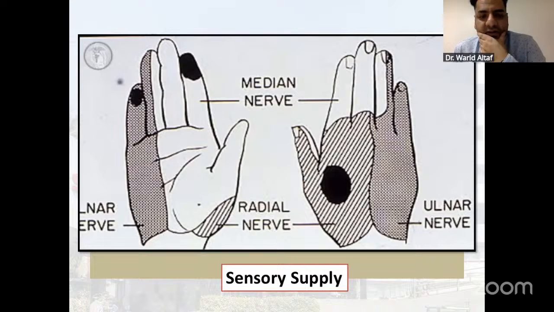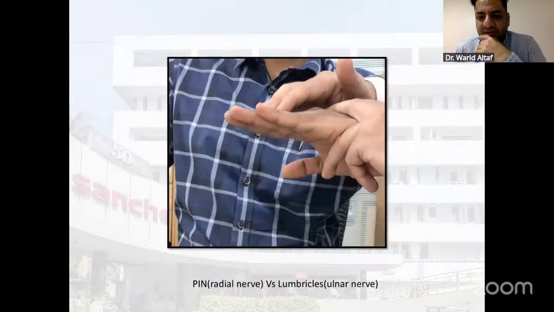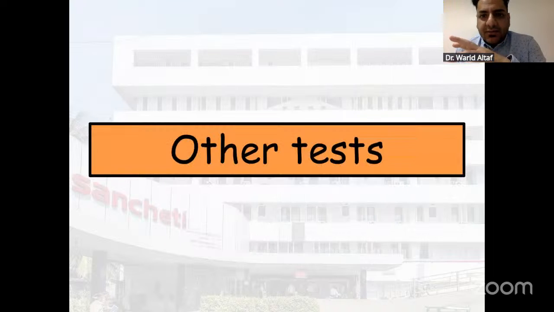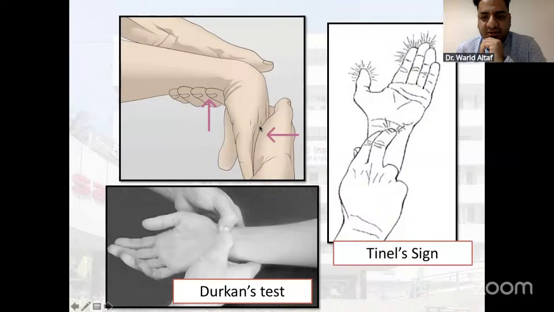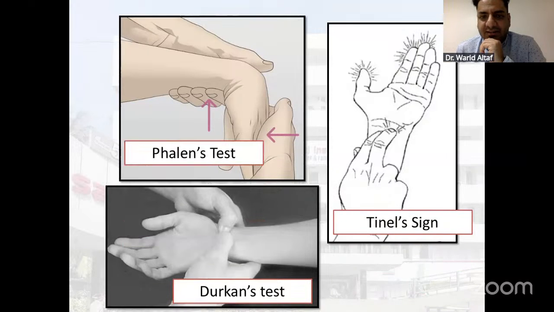So, median nerve, ulnar nerve, sensory supply. All of us know where it is, and how to examine it. So coming to the other tests, some important tests in the hand and wrist: the first one is Phalen's test. The second one is Durkan's test, and Tinel sign. All three are tests which we do in patients with carpal tunnel syndrome.